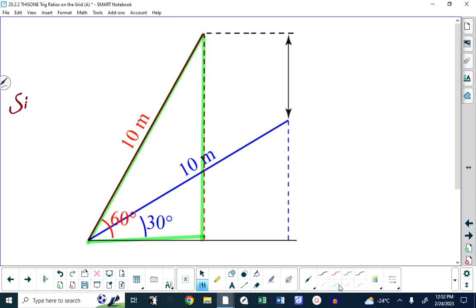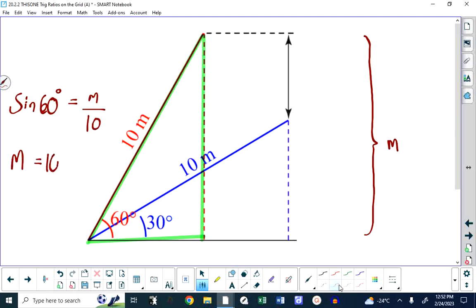I can use sine of the 60 degrees equals the height. I'm going to call this entire distance which I'm finding m. It's just the letter, it doesn't stand for anything. The height, which is m over 10, which means that m is equal to 10 sine 60. We'll come back to that in a bit, okay? But that's what m is equal to. On the other hand, I can take a look now at this triangle.